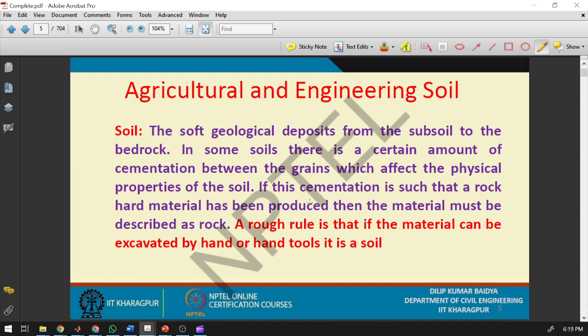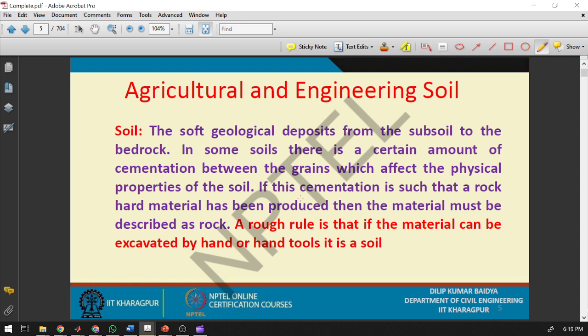And then agriculture and engineering soil. Engineering soil covers the soil geological deposits from the subsoil to the bedrock. Agricultural soil basically is that soil in which you can cultivate plants, which is just the topsoil. It has to have a certain amount of nutrition to it.